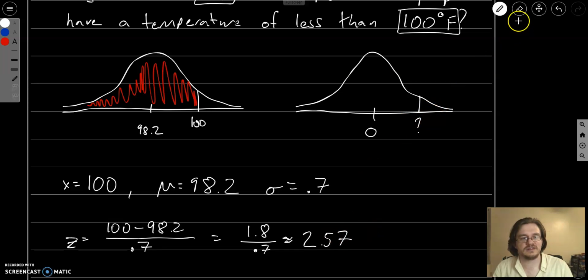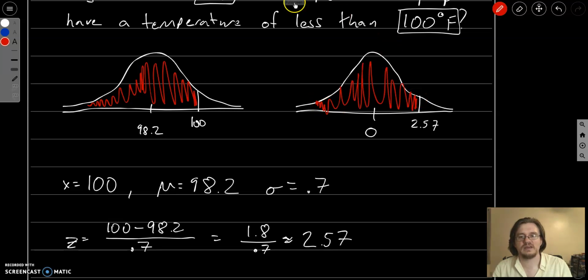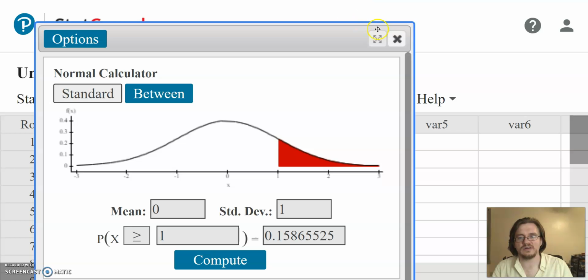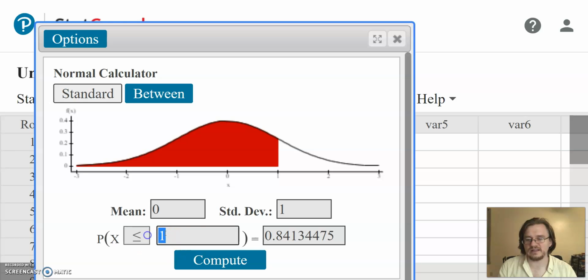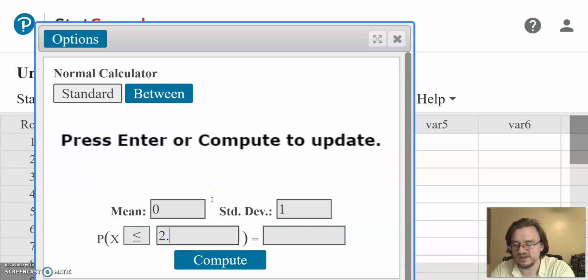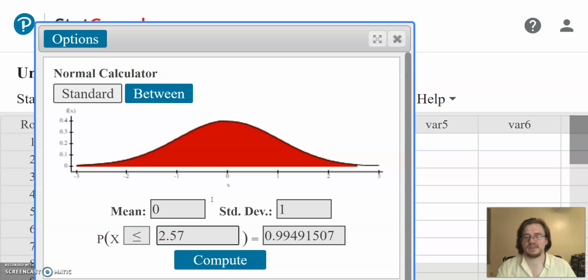So this value over here should be 2.57, and we are going to calculate this area. So again, we can come back to our StatCrunch, load up our normal calculator, and now we want the probability that the value is going to be less than 2.57.